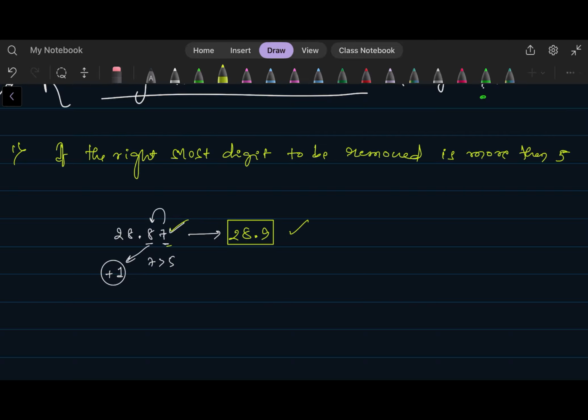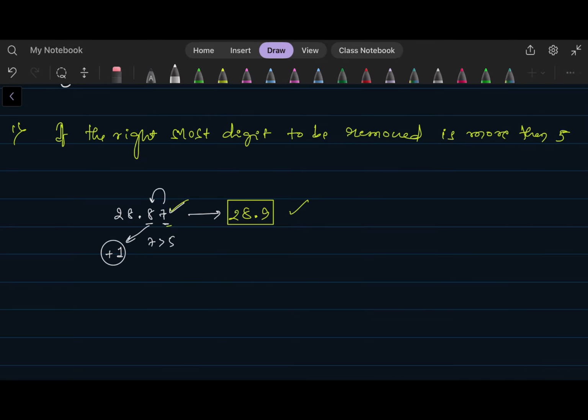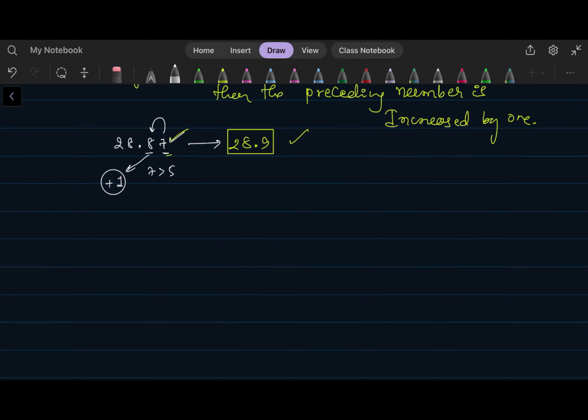This is rule number 1. Just remember, if the digit is more than 5, then the preceding number is increased by 1, meaning the number before the one being removed. Let's go for one more example.